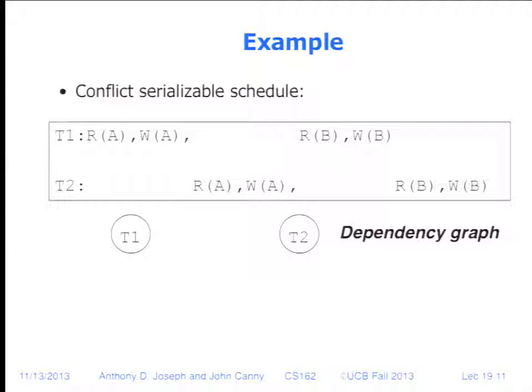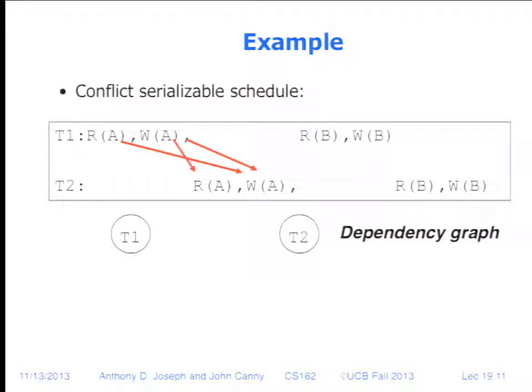So let's look at an example. This schedule is going to be conflict serializable. What are some conflicts again, quickly? Yes. That one? Yep. And the reverse: read A from T1 and write A from T1, read A from T2, and then the two writes again. All right.